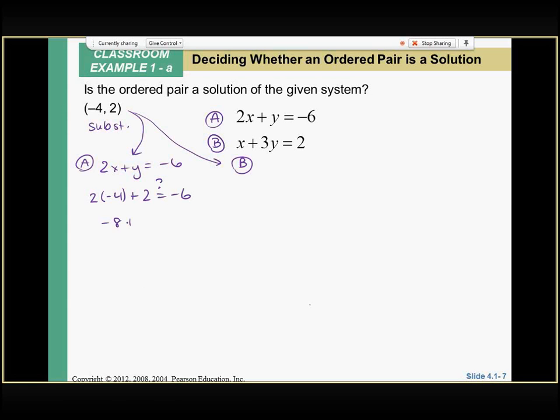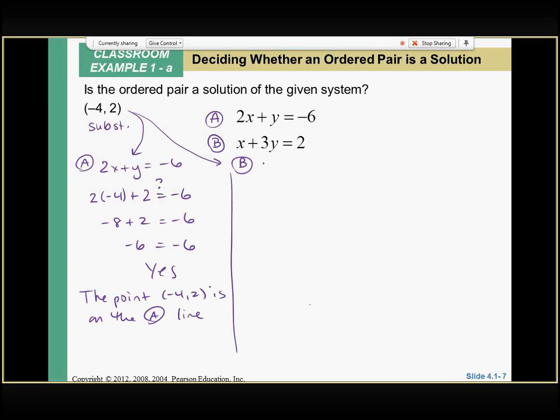So negative 8 plus 2, does that equal negative 6? Yep, negative 6 equals negative 6. So what that means is the point negative 4, 2 is on the A line. Now let's look at B. B's equation is x plus 3y equals 2.